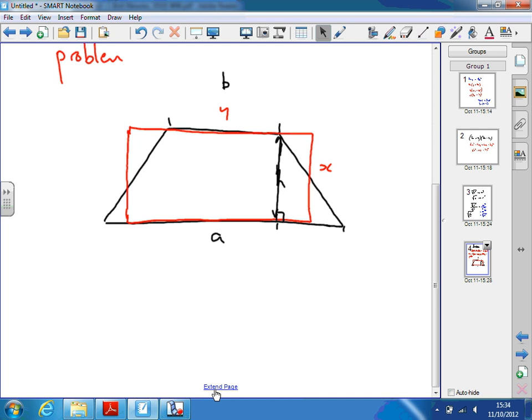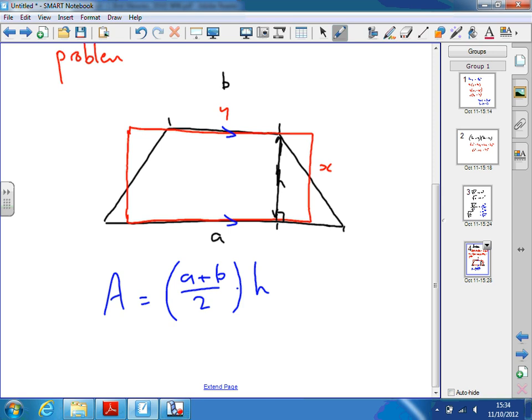So effectively we're finding the average of A and B. If I add A and B together and divide that by 2, I'll have whatever Y is. So the formula for the area of a trapezium is A plus B over 2 times height. And that's the general formula to find the area of a trapezium. You find the average of the two parallel sides, A and B, by adding them together and dividing by 2.